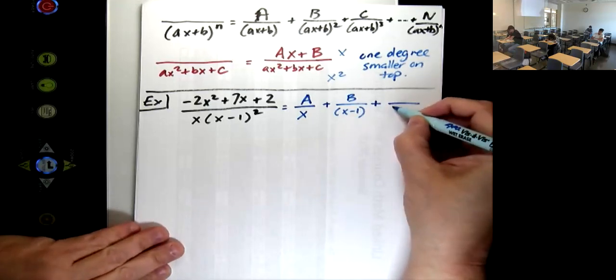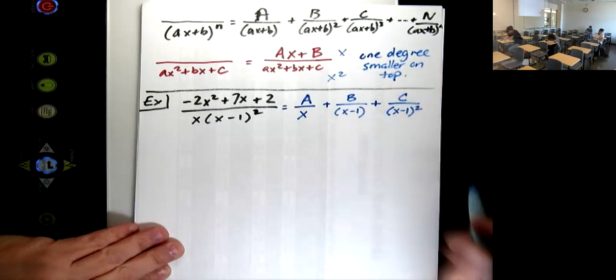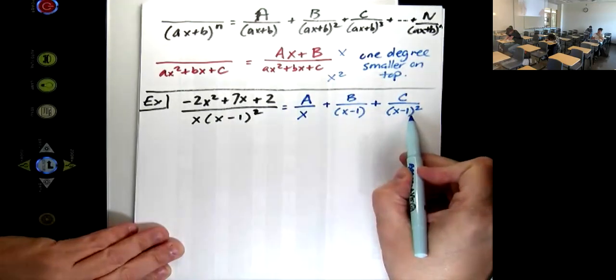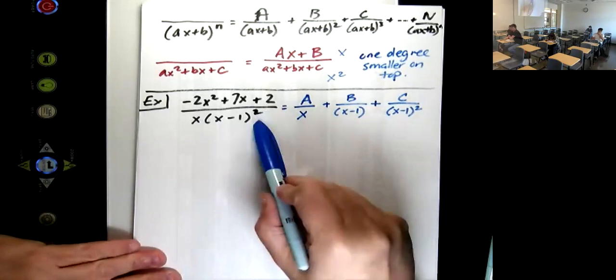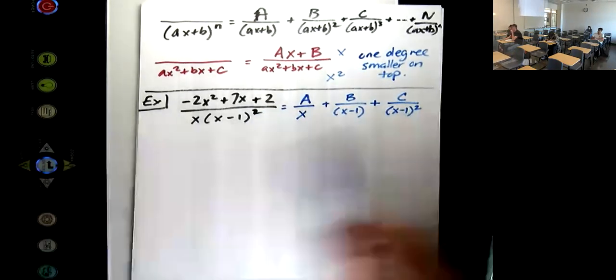And we should have a term that has (x minus 1) squared on the bottom. Since this is a square, we keep doing these until we get up to the value of the exponent. If this was a cube, we would do a d and (x minus 1) cubed, but it's not.